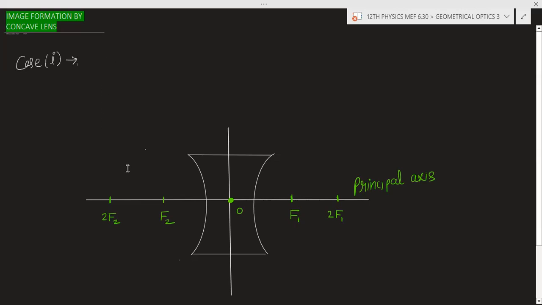When the object is between infinity and the lens, means you can say object at any position except infinity.